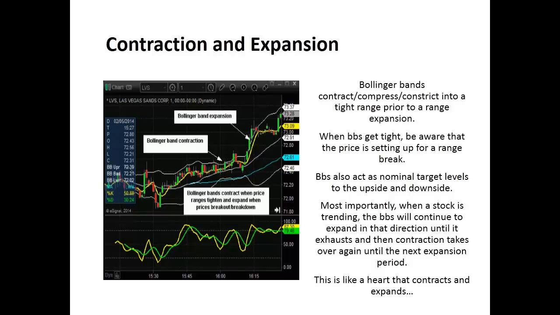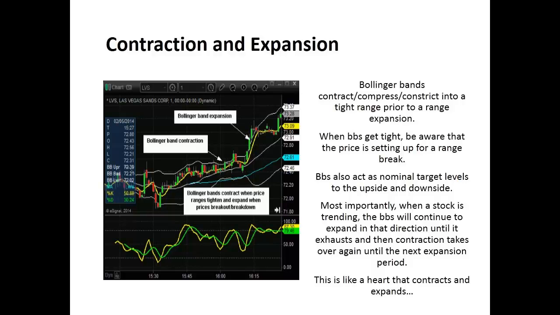But understand, when Bollinger Bands start to contract, it actually is like a yellow light telling you to ease up on the trading, because all you're going to do is get chopped. Wait for a break and the Bollinger Bands to expand before stepping into a trade.